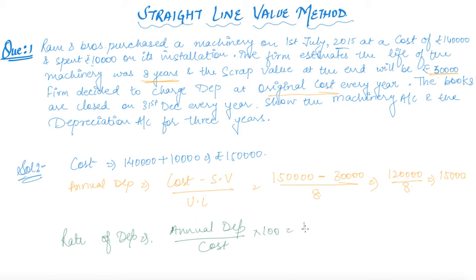It is rupees 15,000 divided by your cost 1,50,000 and you multiply it by 100. Okay, so what will you get? It is 10%. So it means your rate of depreciation is computed as 10% and the amount is rupees 15,000. Okay, so the books are closed on 31st December.